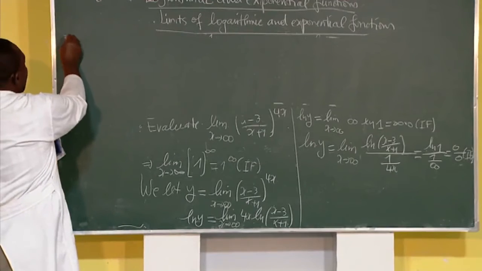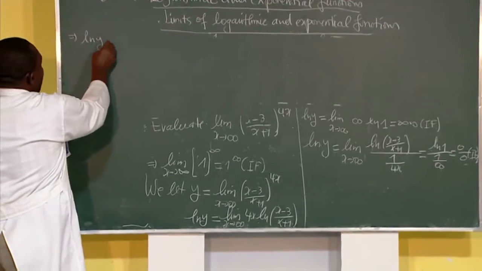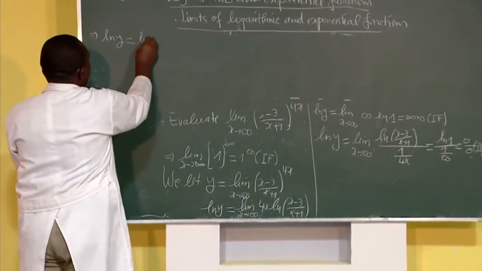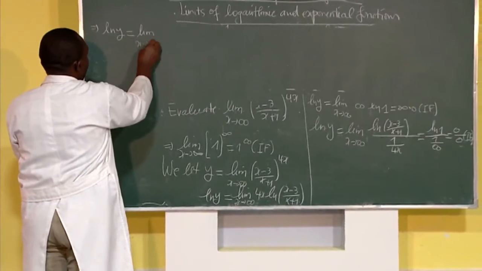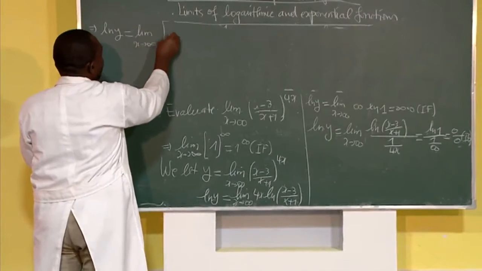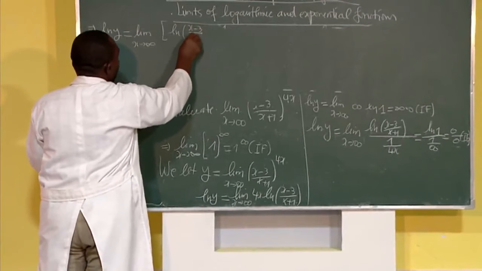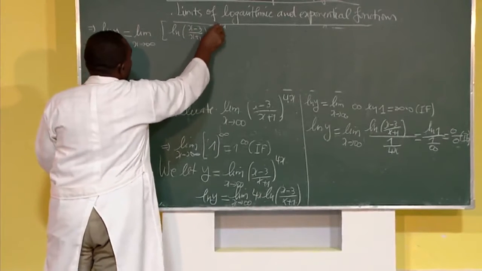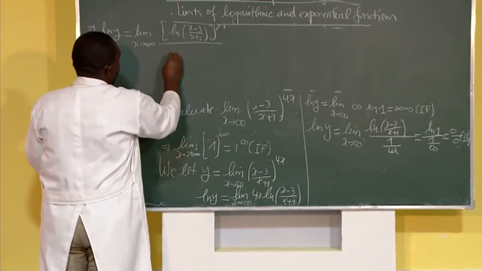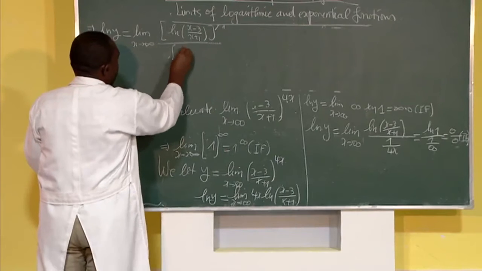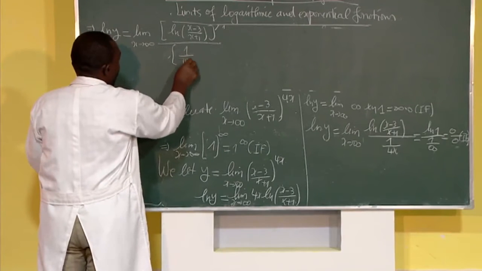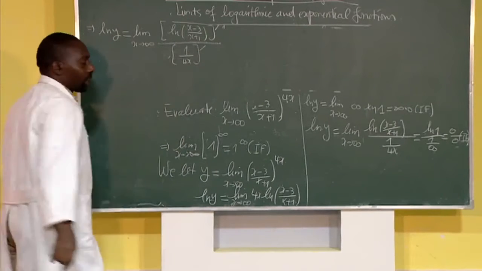So it means ln of y is equal to the limit as x approaches infinity of the derivative of ln of (x minus 3) divided by (x plus 1), divided by the derivative of 1 over 4x, like this.